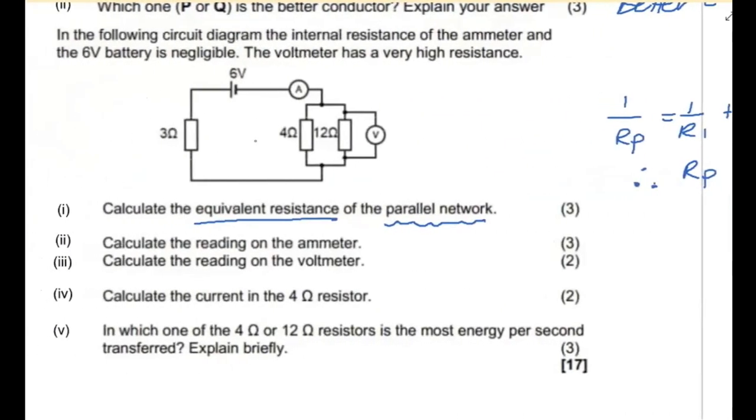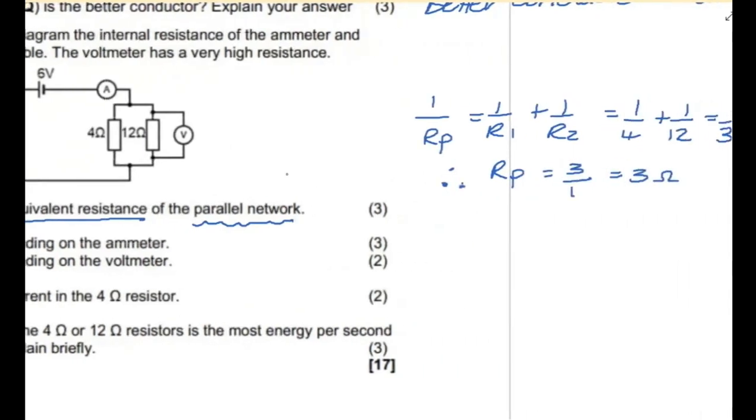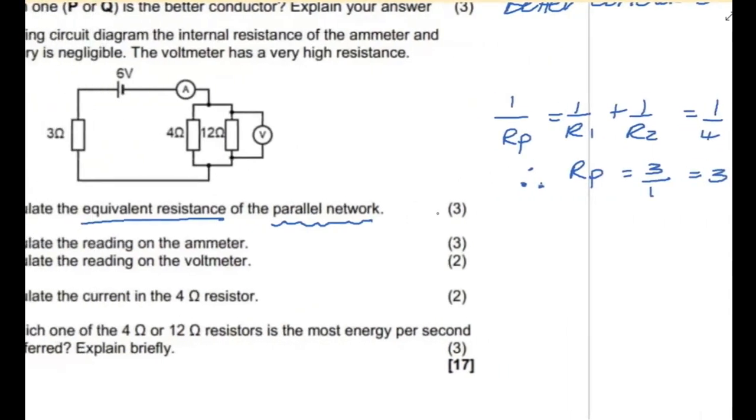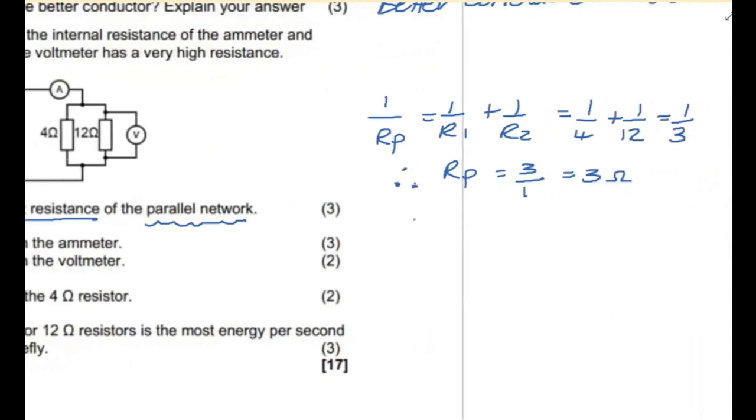So calculate the reading on the ammeter. Now to do that, I'm going to have to calculate my total current, which means I need my total resistance. If I know this part is 3, quick, let's see if your fingers are fast. What is my total current going to be? Okay, Storm's gone all the way.